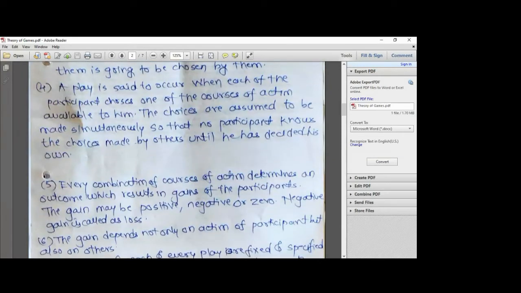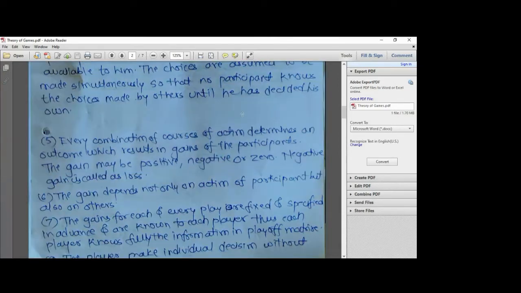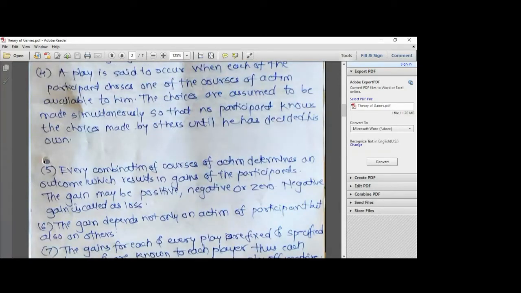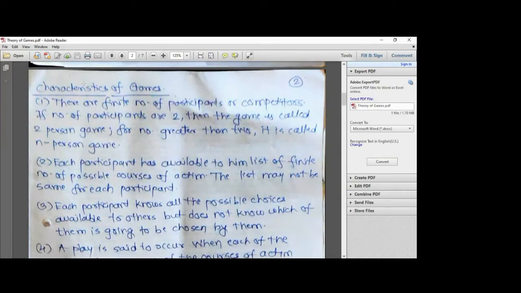So that is again important. Every combination of courses of action, so here the choices are made simultaneously, right? All will be choosing their course of action at a single time, right?